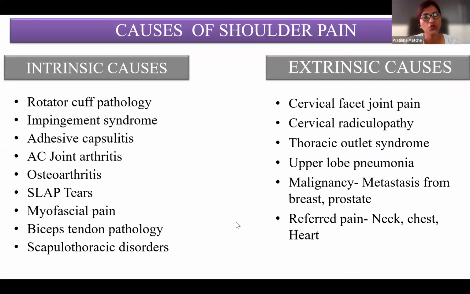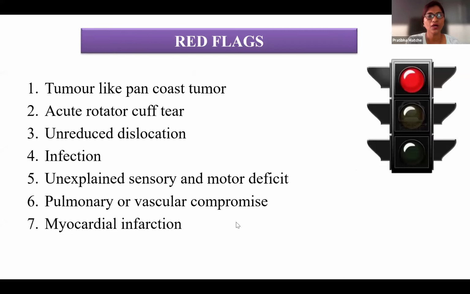The most common intrinsic causes are rotator cuff pathology, impingement syndrome, adhesive capsulitis, involvement of the AC joint, osteoarthritis, and so on. The extrinsic causes mainly arise from the cervical region; thoracic outlet syndrome can also cause referred pain. It could be malignancy and referred pain from the neck, chest, and heart. So you have to always rule out the red flags.